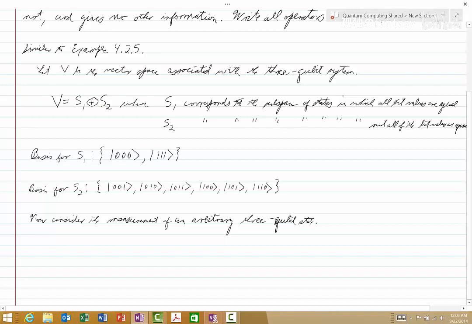Okay, so this 3-qubit state we will write in the following way.